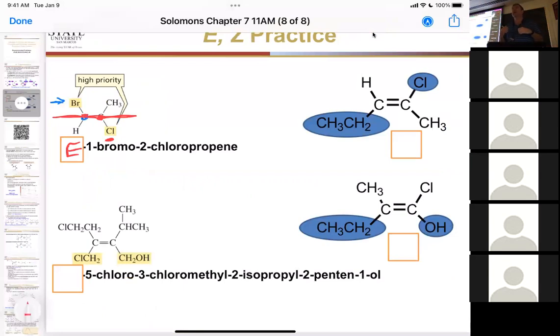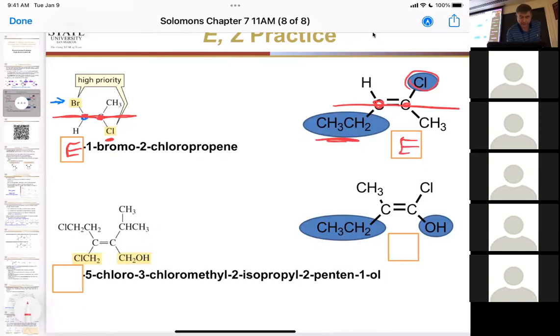So we're looking at each group and then we're looking where the double bond is. In this case, chlorine is the higher and then the ethyl group is higher. So we're having our imaginary line here, and they appear to be on opposite sides. So it's E. So this is pretty easy.